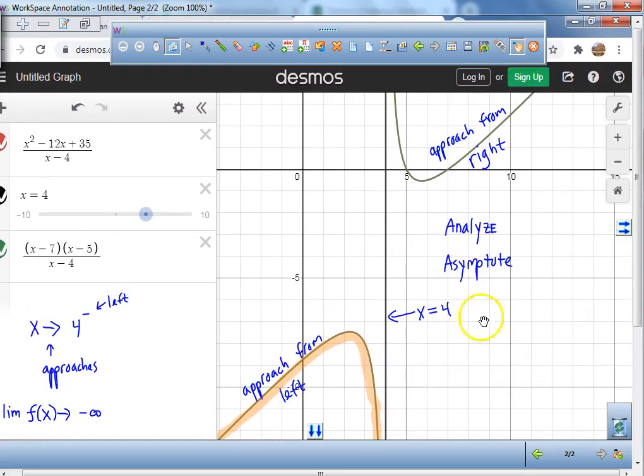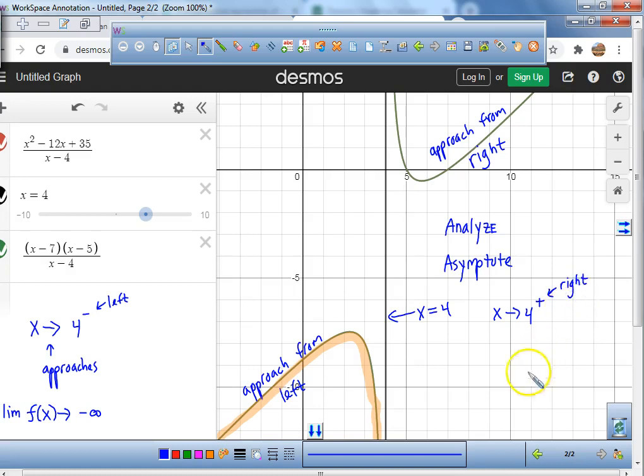But as I am approaching from the right, if I say as x is approaching 4 from the right, I'm actually not going to use the word right, I'm going to use a little positive symbol. And that little positive means from the right.